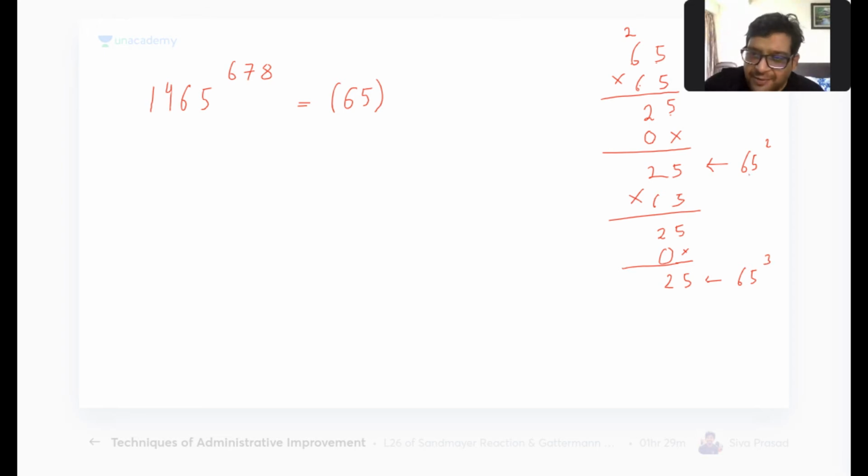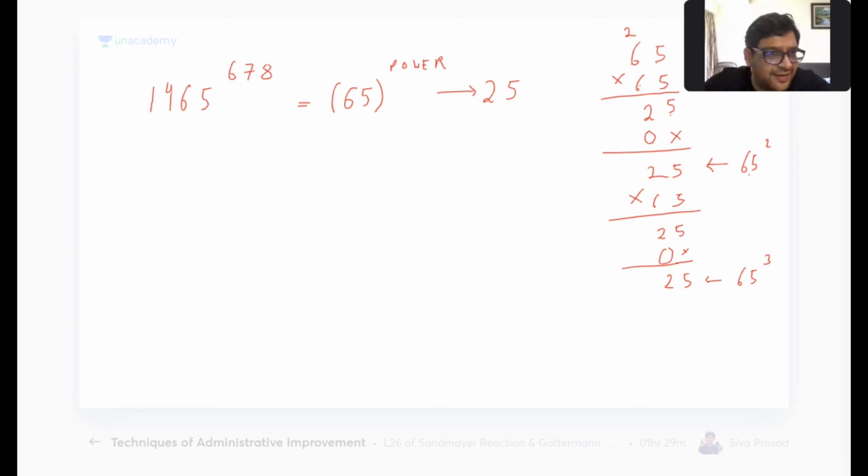So 65 square ends in 25, 65 cube ends in 25. That means any power of 65 I take will end in 25. I don't really need to even check the power. So this pattern, as you can see, is only 25, 25, 25. Nothing else is required.